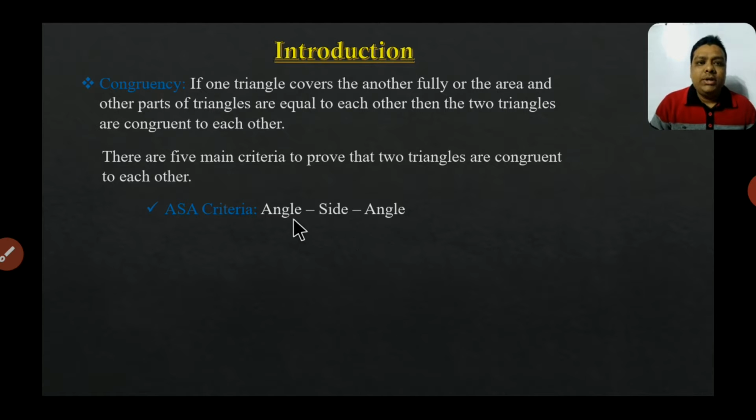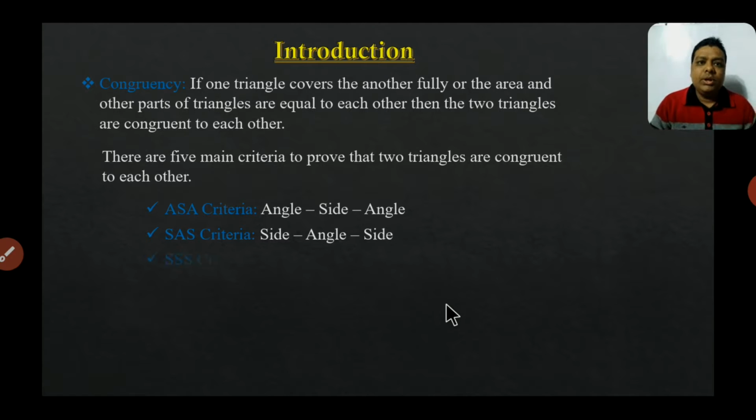It means if two angles and the side in between in the first triangle are equal to two angles and the side in between of the second triangle, then we can say that both triangles are congruent to each other. Second one, SAS criteria. It means two sides and the angle in between in the first triangle are equal to two sides and the angle in between of the second triangle.